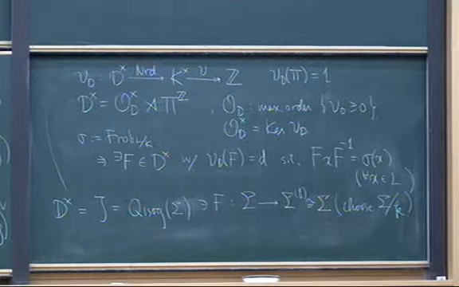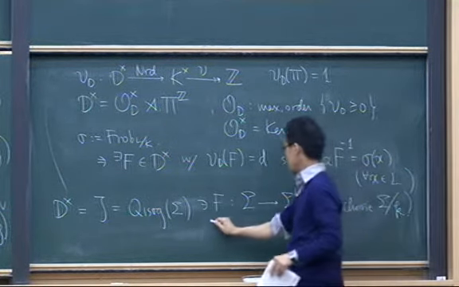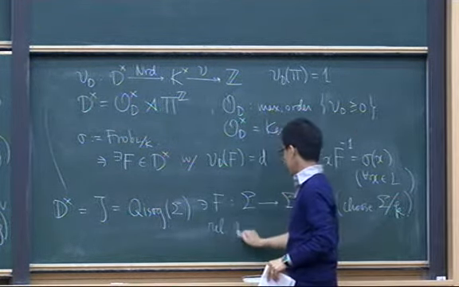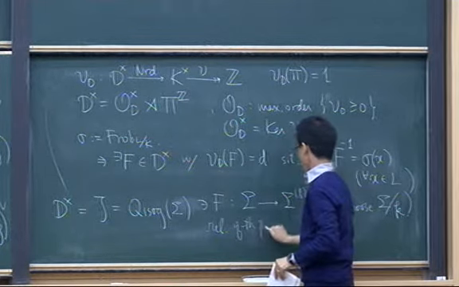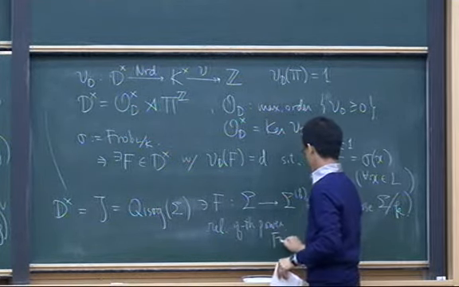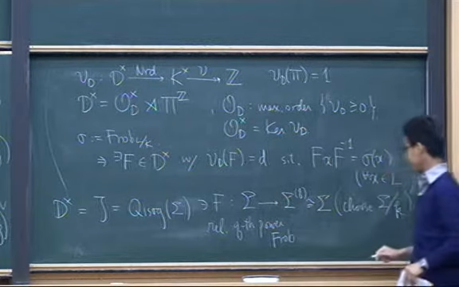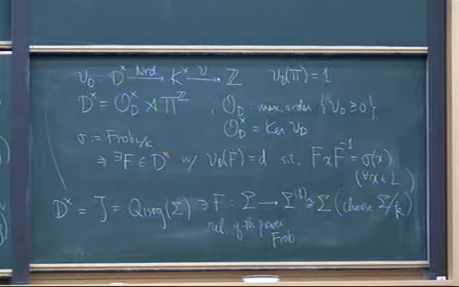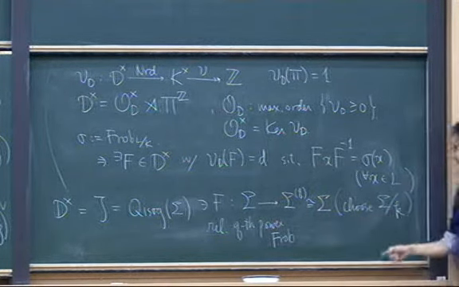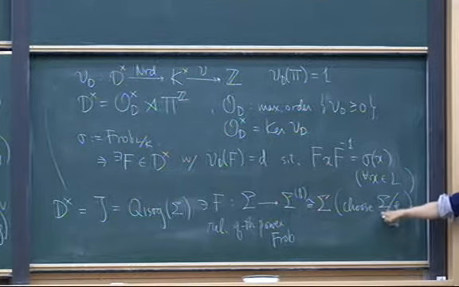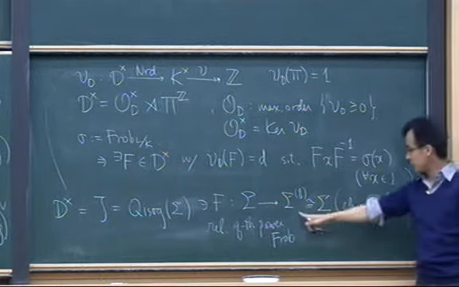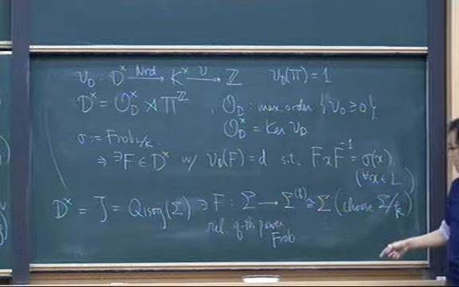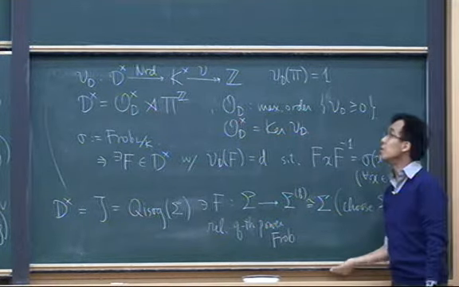So this is the relative q-th power Frobenius. This is not so important. If I choose sigma over K, then I have a canonical isomorphism. If not, then I can choose an isomorphism.